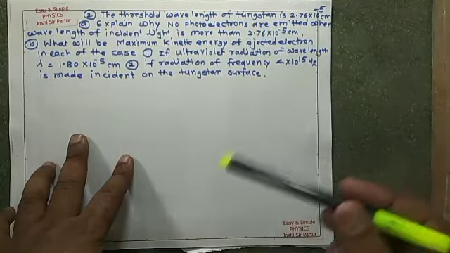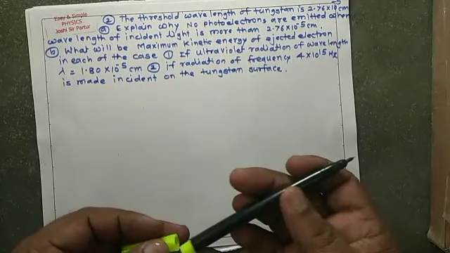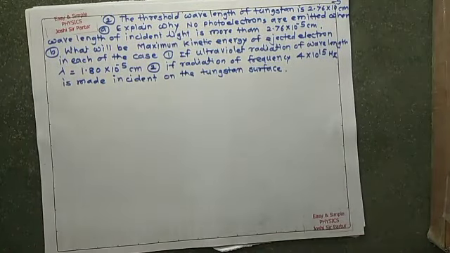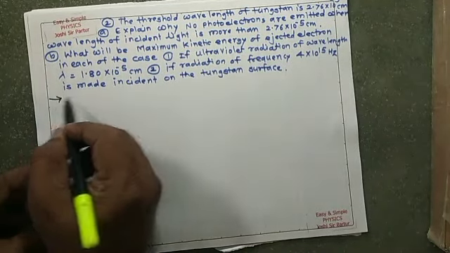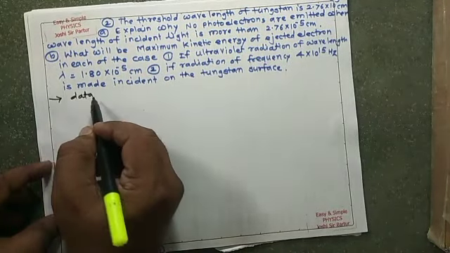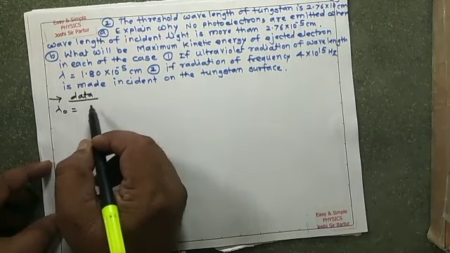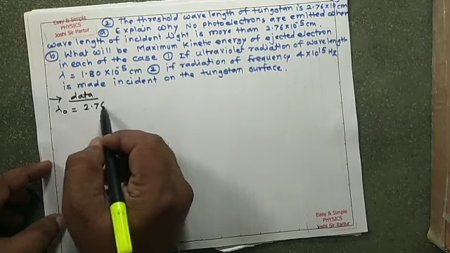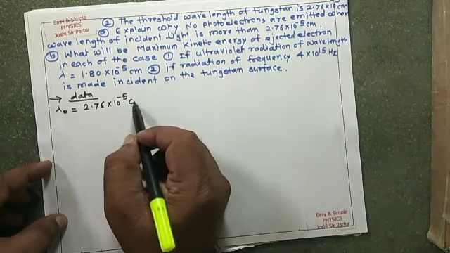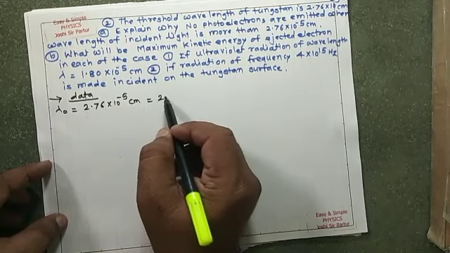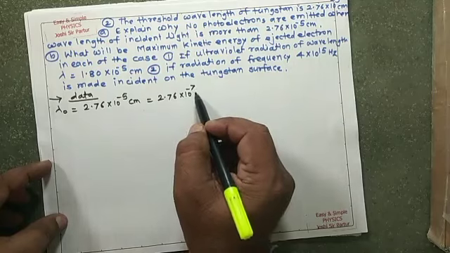See here, when we solve such a type of problem, first we write the data. Threshold wavelength is given, that is 2.76 into 10 to the power minus 5 centimeter, which is 2.76 into 10 to the power minus 7 meter.